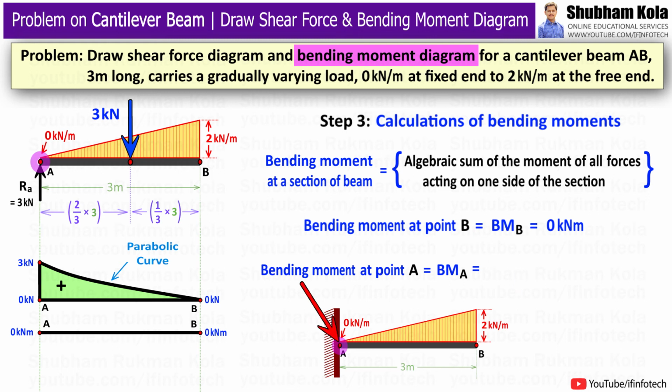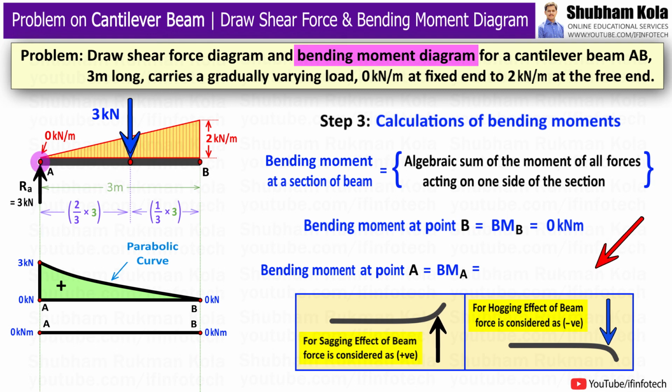It means, while I am calculating the bending moment at point A, I will add moment of all the forces present from the free end of the cantilever beam up to point A. And for bending moment calculation, our sign convention is, for sagging effect of the beam, the force is considered as positive, and for hogging effect of the beam, the force is considered as negative.